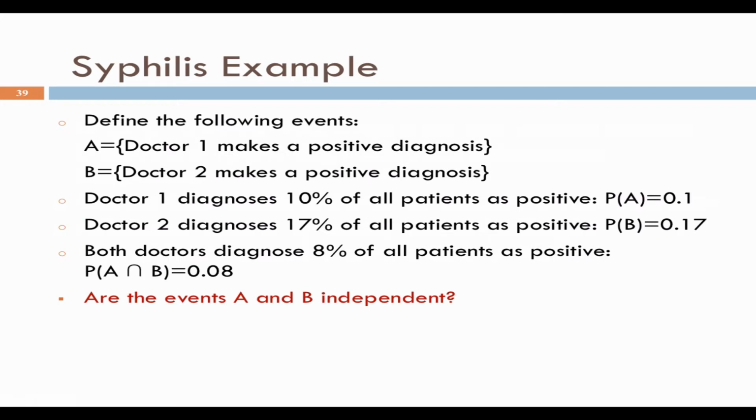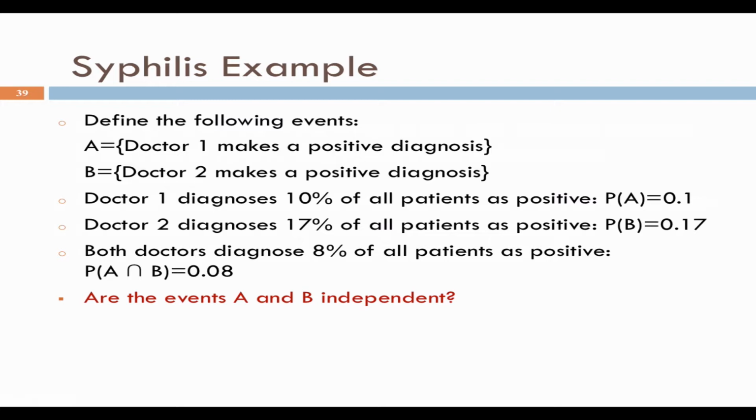So here's an example for you to exercise on independence and understand the definition. We have two events. Event A is the first doctor makes a positive diagnosis, and event B is Dr. 2 makes a positive diagnosis.